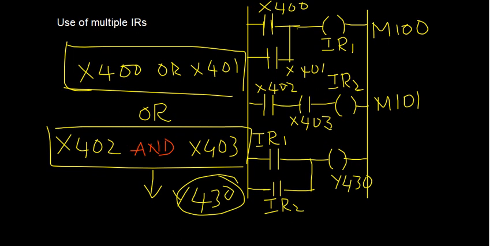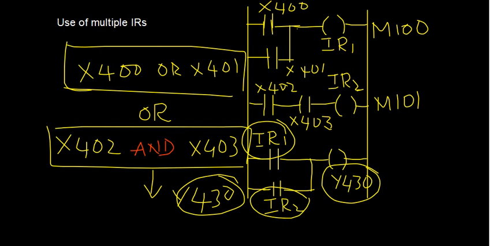So now this Y430 is actuated or activated either by IR1 or IR2, which in turn are based on some different conditions. So this is called the internal relay operation, as far as multiple internal relay usage is concerned, right?